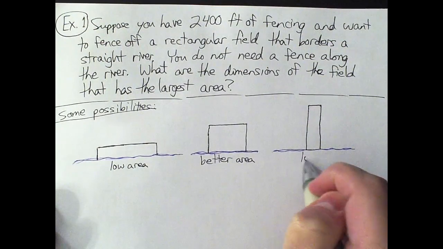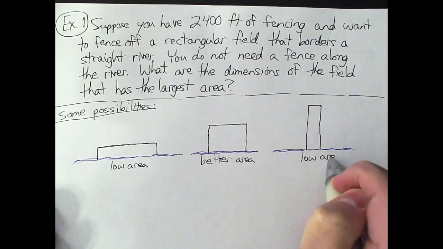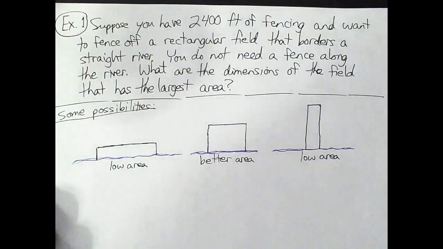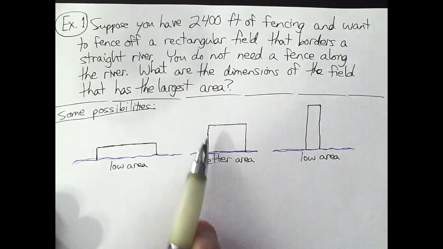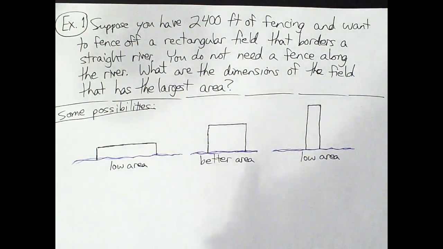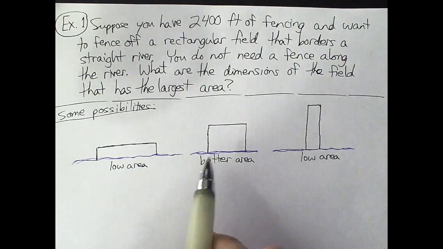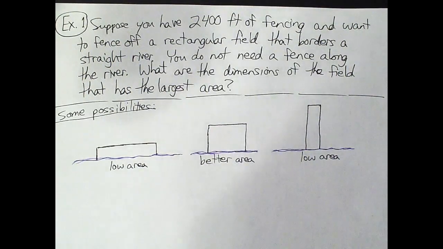And then I think this last one is also going to be kind of a low area because you do length times width, and the width is very small here. So it's nice if you have kind of the perfect balance of length and width. And that's what we're trying to figure out. Maybe the best area might be to make a square. I mean, that's one type of rectangle. So if that's the best kind, then we'll find out as we do the math.